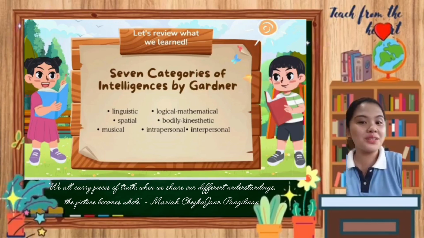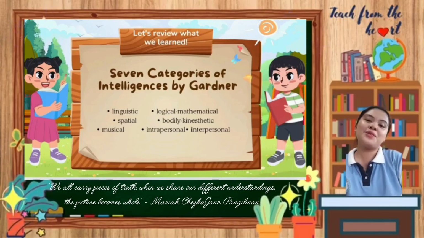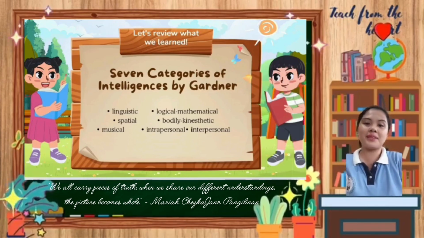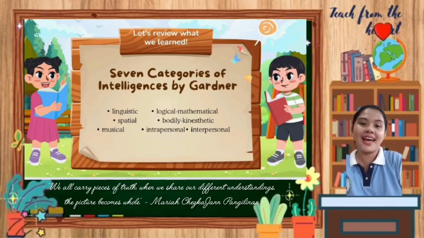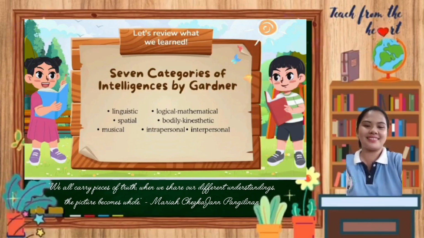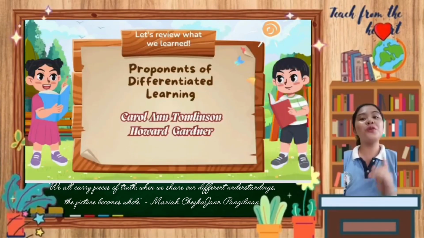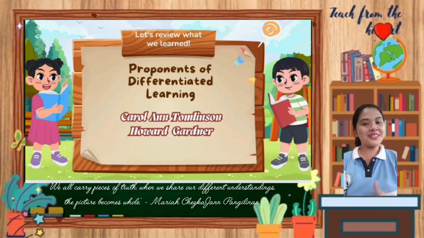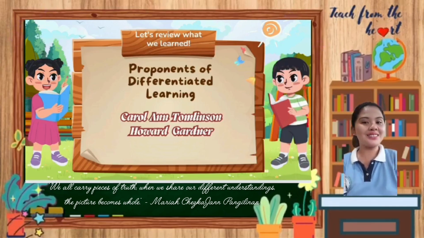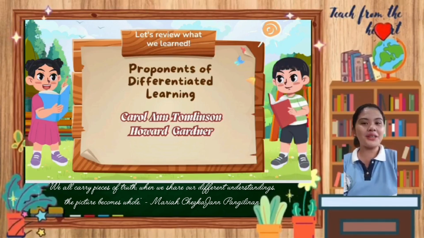Correct. It's linguistic, spatial, musical, logical-mathematical, bodily-kinesthetic, intrapersonal, and interpersonal. Okay, how about the last one? Who are the proponents of differentiated learning? Correct. It's Carol Ann Tomlinson and Howard Gardner.